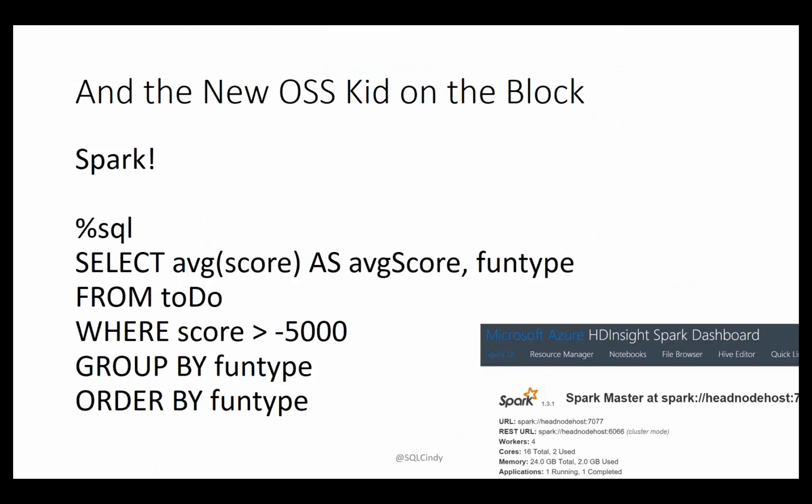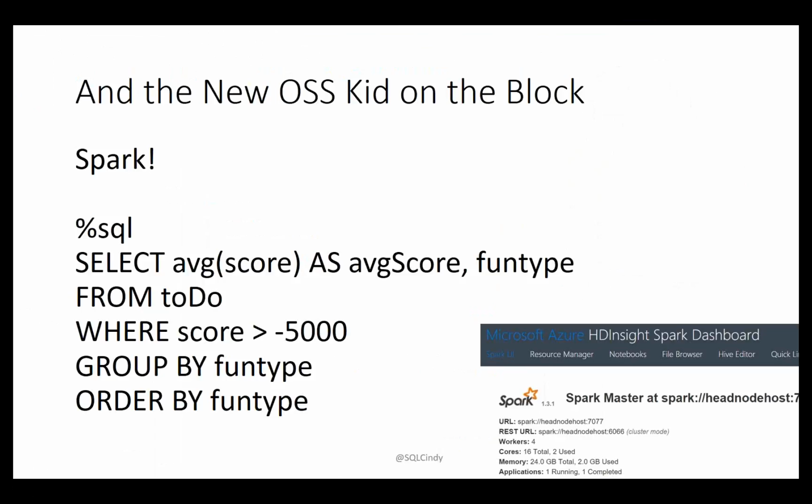And now that I've gone on and on about Hive, the new open source shiny object that everybody is so interested about is Spark. And Spark lets you do, again, SQL-like queries. Spark SQL is a way to get very interactive, whereas Hive is never going to run a query in less than 20 to 30 seconds because of the way it has to distribute and optimize the job across multiple nodes.